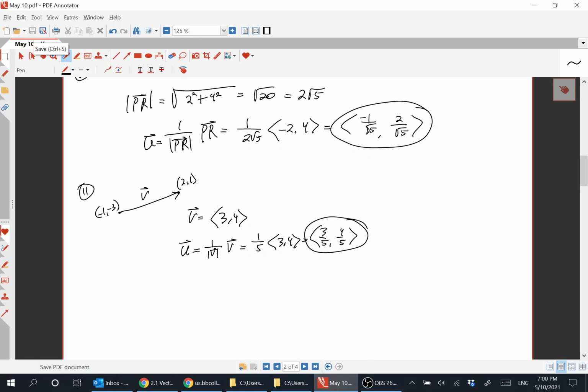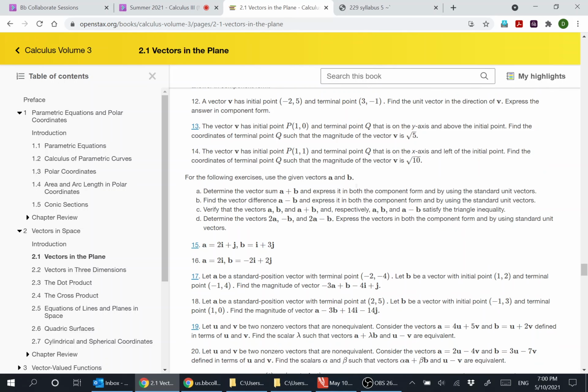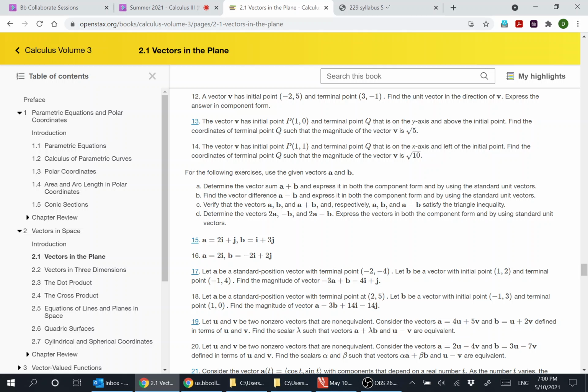Numbers 16 and 18. For the following exercises, use the given vectors a and b and determine their sum, their difference, and verify that a and b satisfy the triangle inequality, and determine these vectors 2a minus b in standard and component forms.